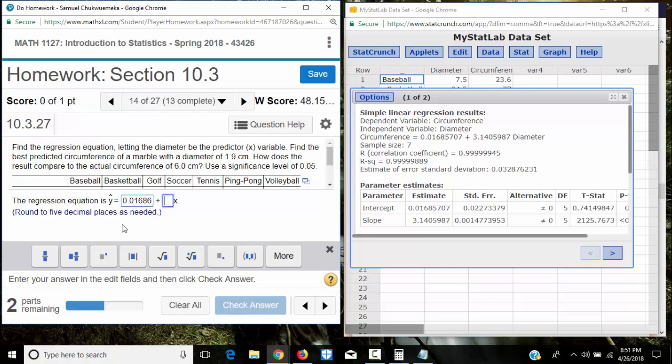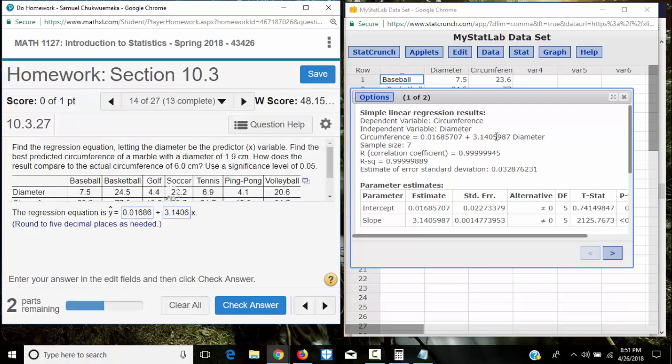And the slope to 5 decimal places as needed is 3.1406. If you want to put 3.14060, that's fine. Still gonna work.